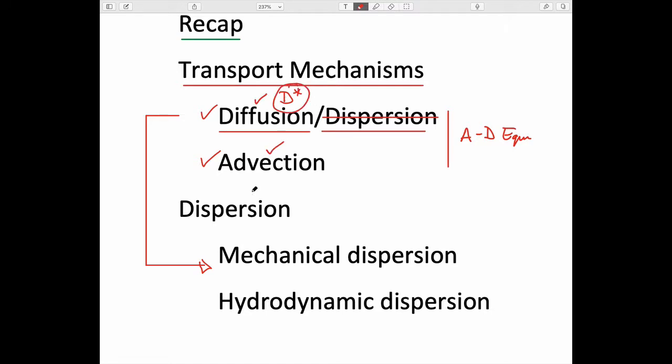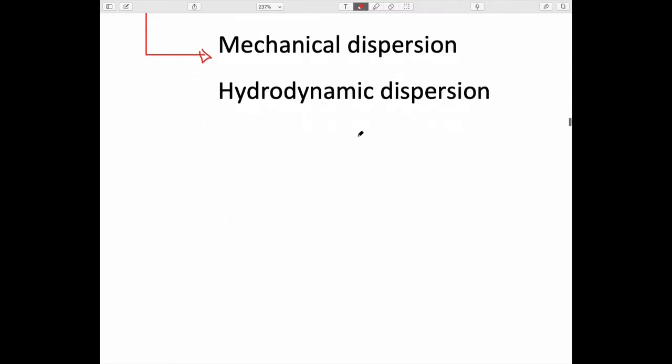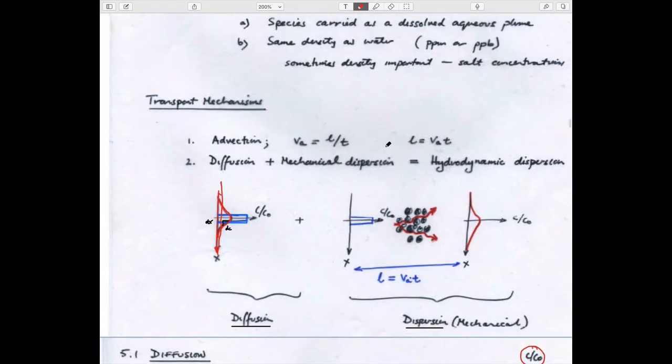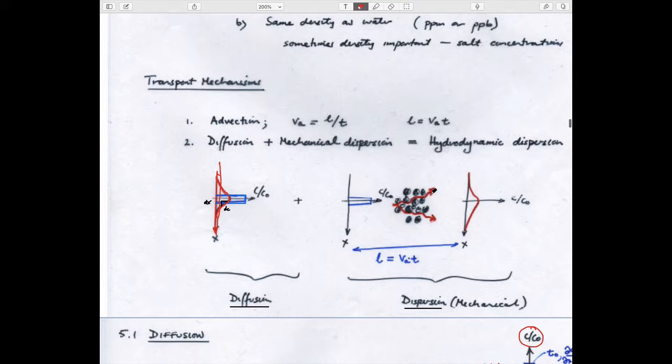Certainly it includes advection, but we haven't really said much about how that accommodates mechanical dispersion, other than saying that if you look at the effects of this dispersion as it goes mixing downstream, it looks just like diffusion. And so it may be that we can add these effects for diffusion and dispersion together.